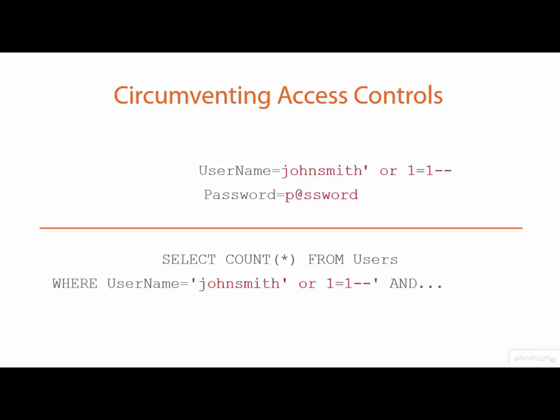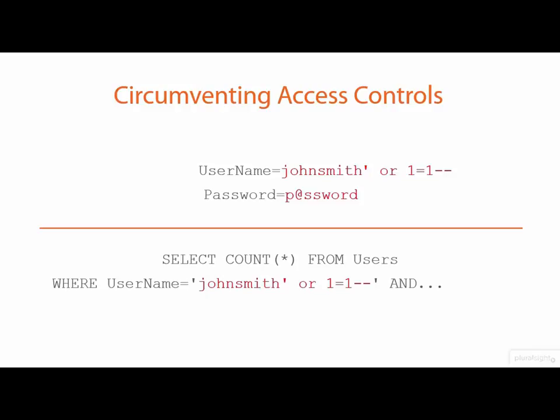Now think for a moment, what would be returned by this statement? So this is a count star. Forget about username equals John Smith. That's negated by OR 1 equals 1. So what you're actually going to get is a count of the entire number of records in the users table.